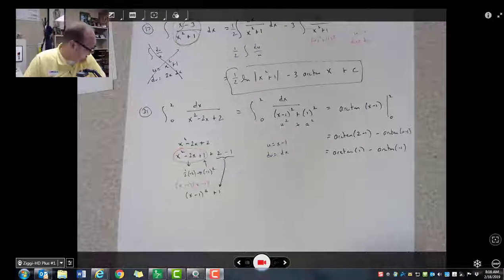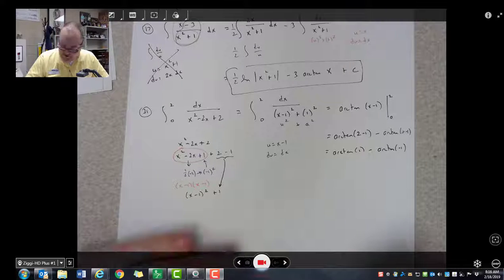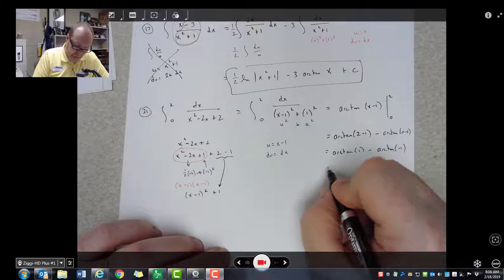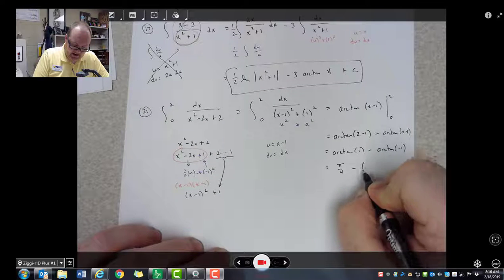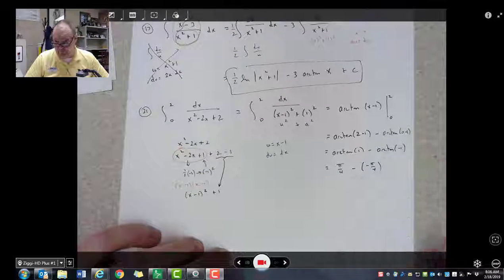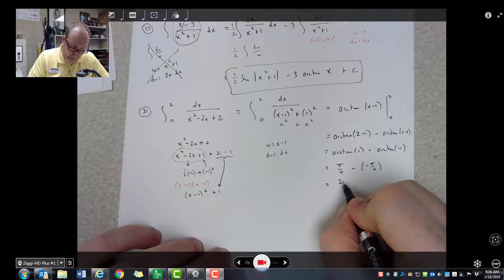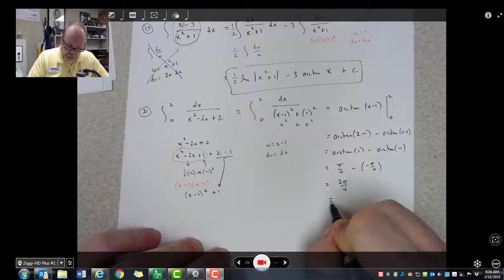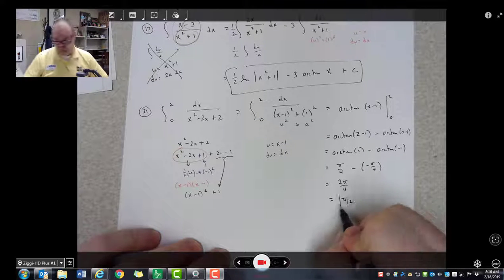And that goes back to that whole discussion the other day about inverse functions and restrictions. So this ends up being 45 degrees and negative 45 degrees, in radians of course, which is pi over 4. The double negative, I add those together, and get pi over 2.